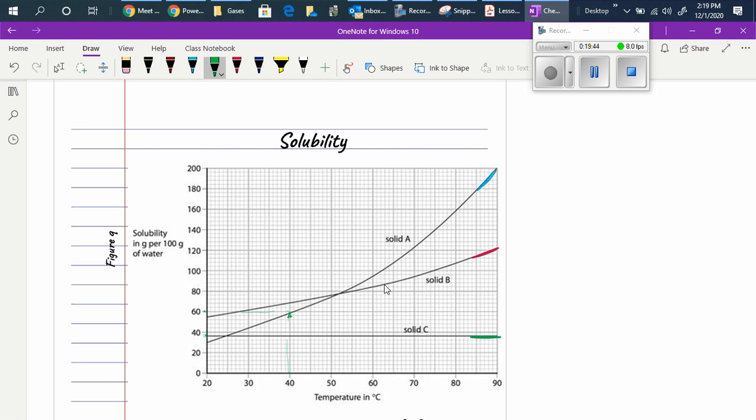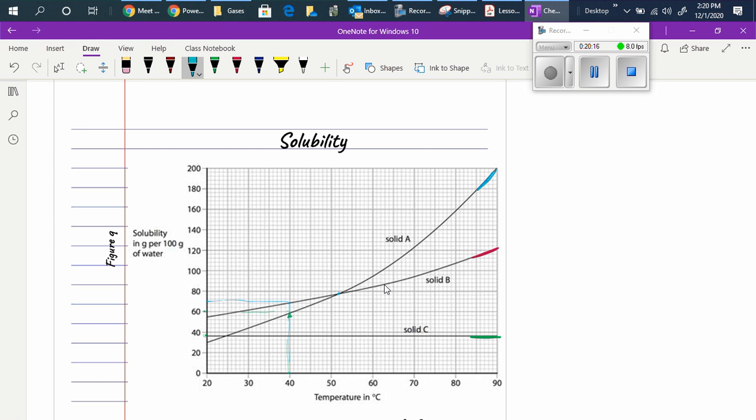But for B, at 40 degrees, what you can dissolve is about 70 grams. And then as the temperature changes, the amount that you can mix with 100 grams of water changes.